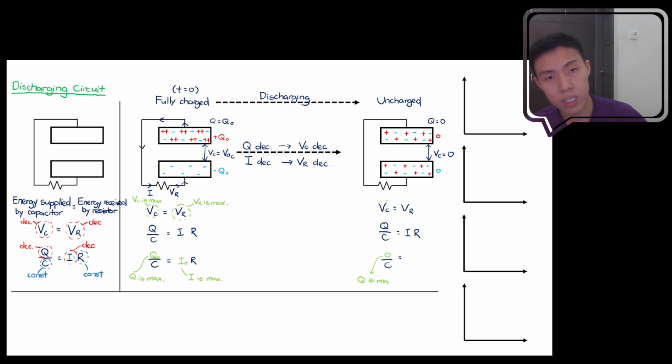Then your VC will be a minimum. When you say minimum, it's 0. Okay, so your VR will also be a minimum. So that means your current should also drop to a minimum.